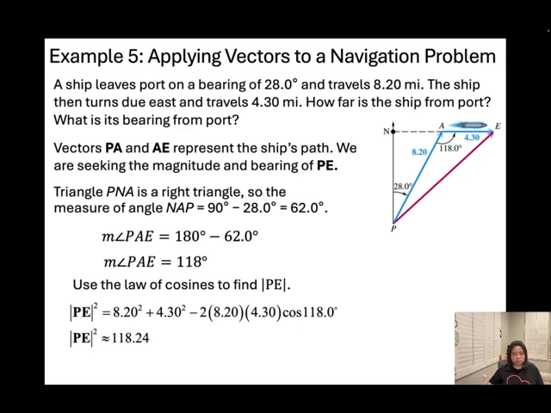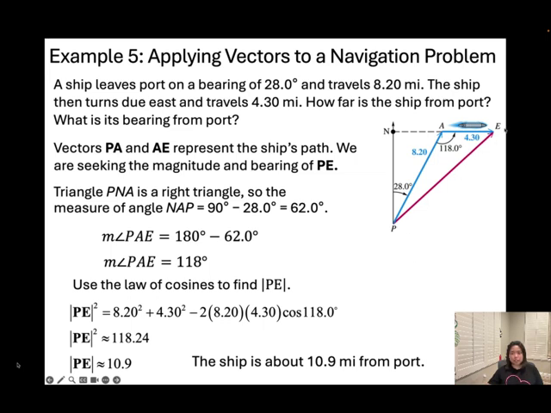You should get 10.9. We found the magnitude here. So to answer the question, the ship is about 10.9 miles from the port. So we found the magnitude of PE.